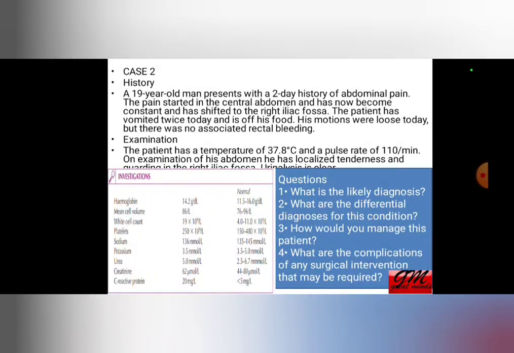The next structure located there is the vas deferens, which moves towards the right iliac fossa in order to drain into the prostate via the ejaculatory duct. Is it clear? So in a case where a patient has epididymo-orchitis, it can also be referred to the right iliac fossa, and then the patient has pain there.